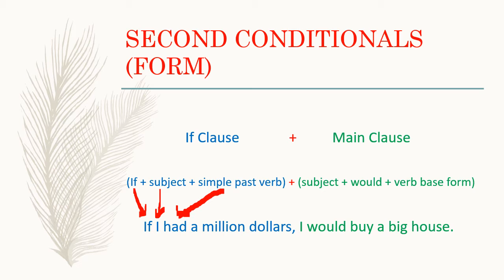Pero again, ang had dira, it doesn't mean nga nagka $1,000,000 na siya sa past. It doesn't mean like that, but it means only, it is in the subjunctive form. It is an imagined situation. Sa main clause naman, subject nga I, and then would nga verb, and then verb in the base form nga buy.